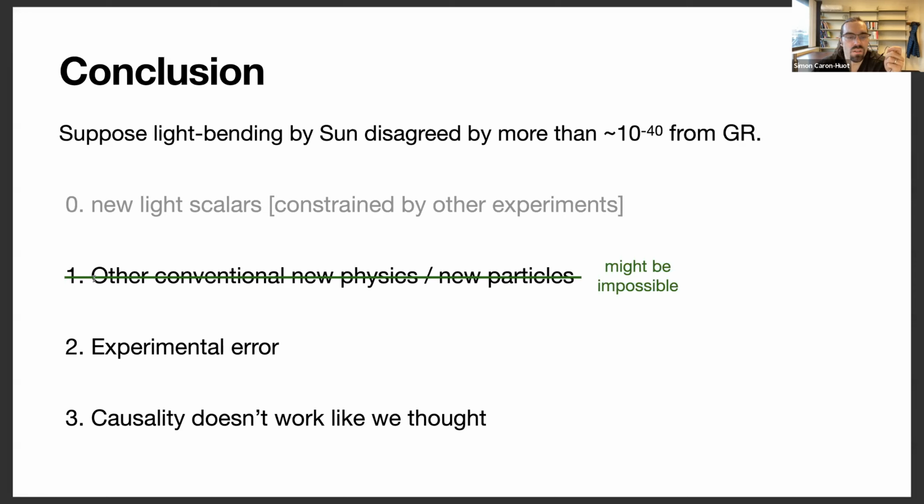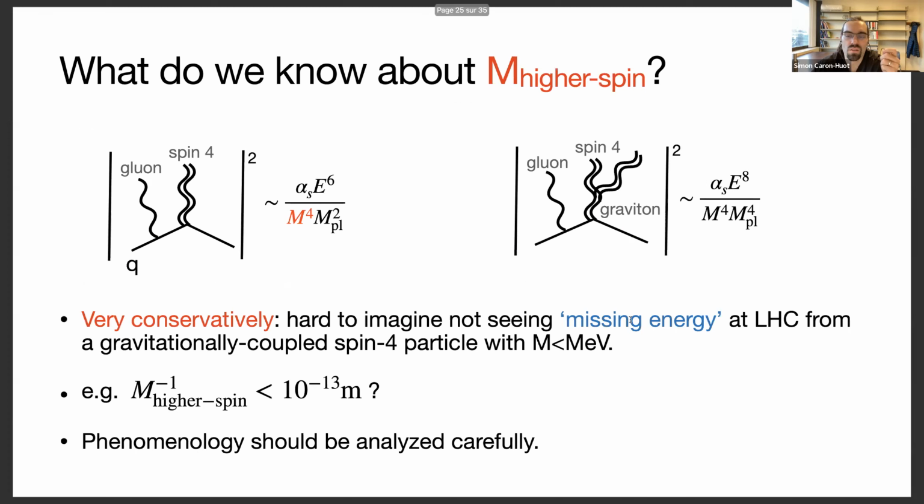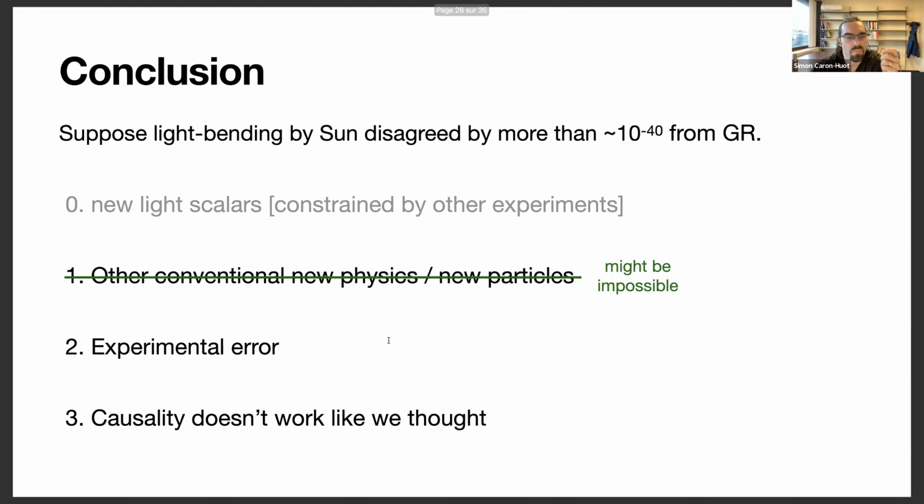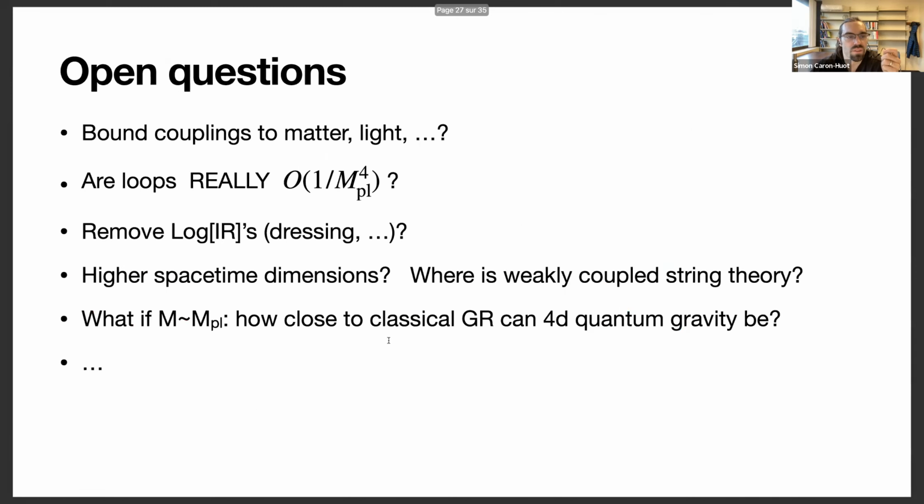Maybe there's some kind of conventional new physics or new particles; this is what we're ruling out. That leaves two other options: maybe experimental error, or maybe causality doesn't work the way we think it does, which is possible. But we're ruling out basically any kind of new physics, because new physics would have to come with a spin-4 particle, and there's just no hint that it is there. We would have seen it if it were the explanation.